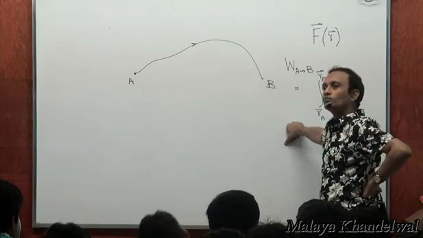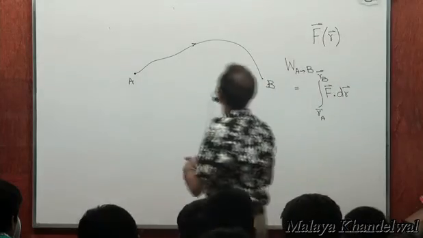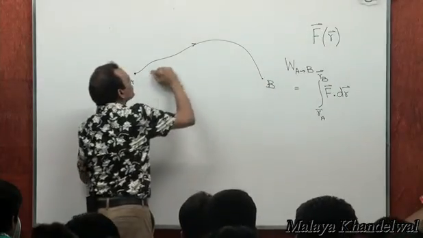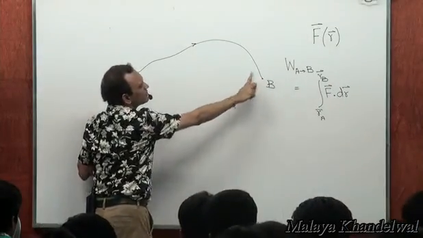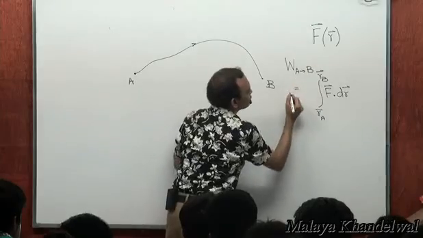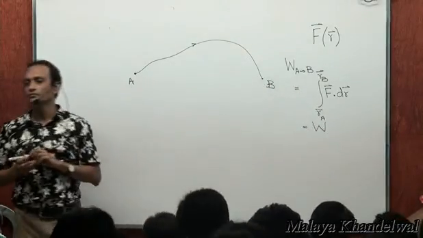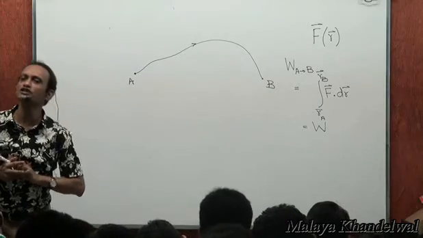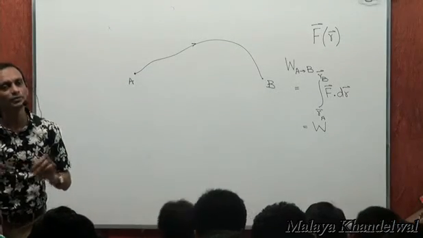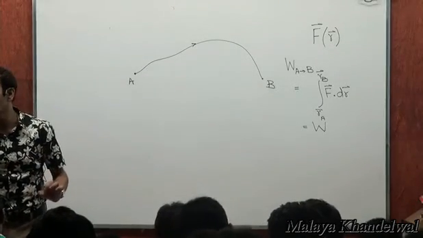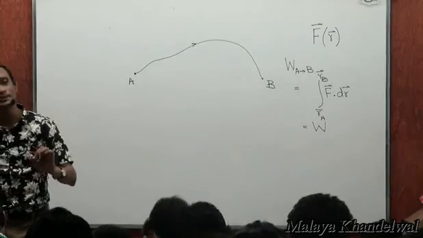Now along this trajectory, the work done, let's say, is W from A to B. Let me call it W units. W joules of work is done from A to B along this trajectory by the field.